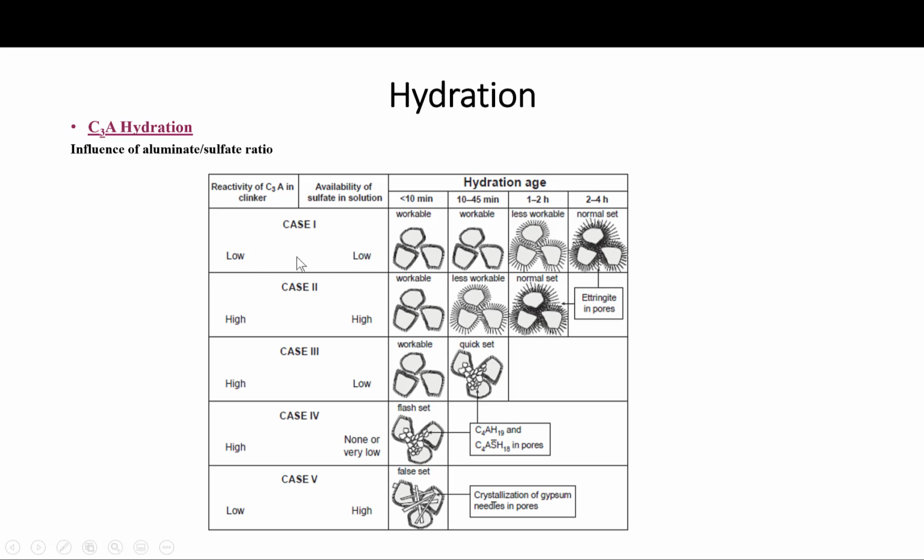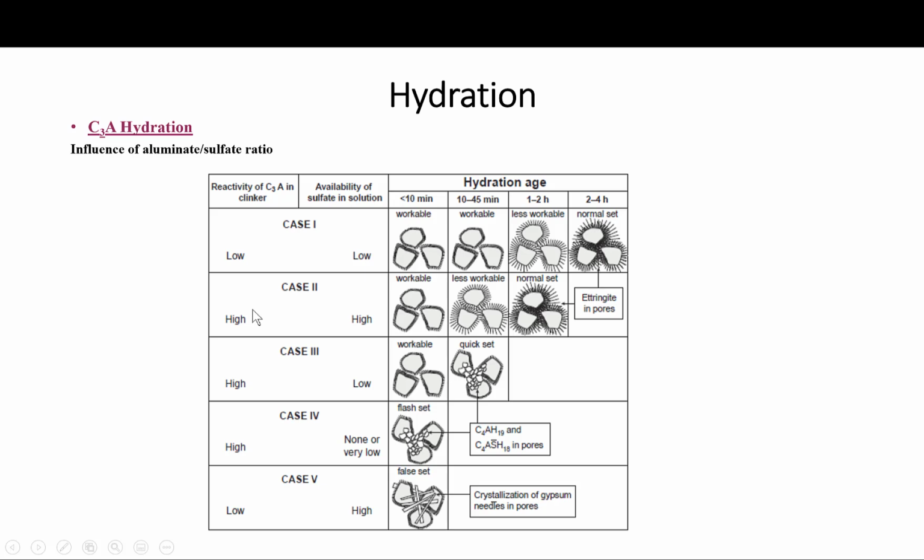So what happened in this case? We have low C3A, or low reactivity of C3A, and low availability of sulfate. Less than 10 minutes, the cement is workable, still workable 10 to 45 minutes, and at about 1 to 2 hours less workable. At 2 to 4 hours, we have the normal set. Basically, what happened here is the formation of ettringite.